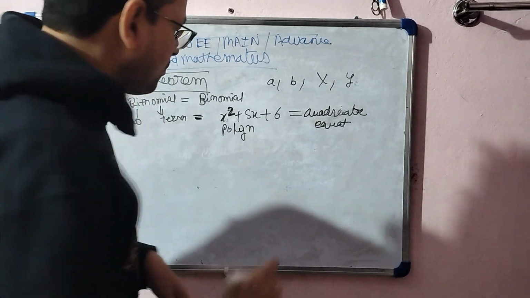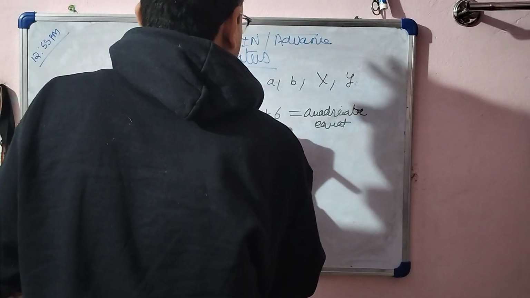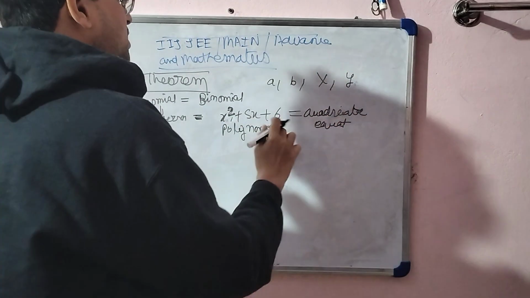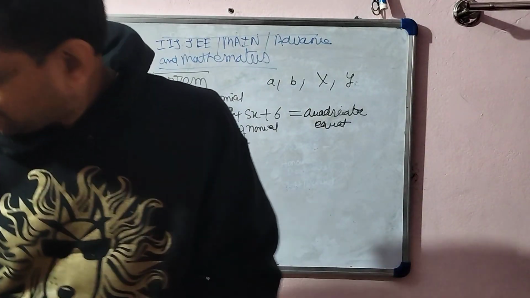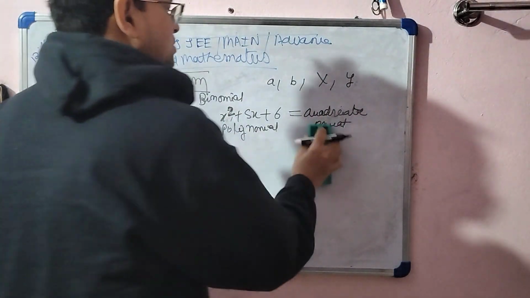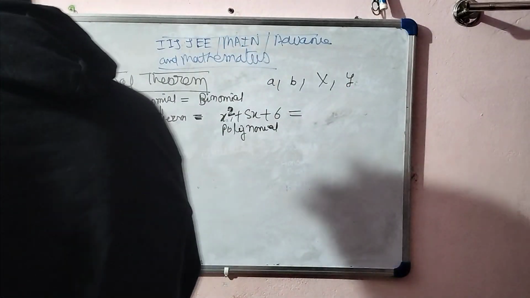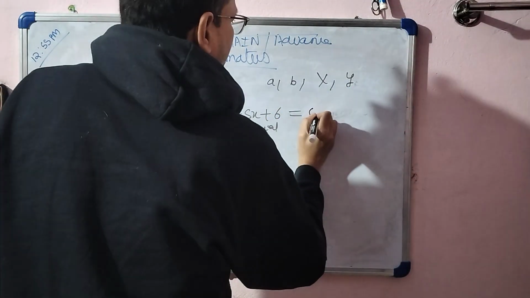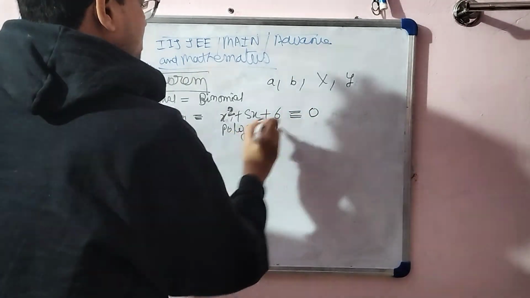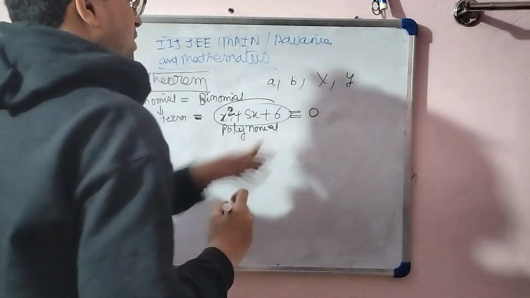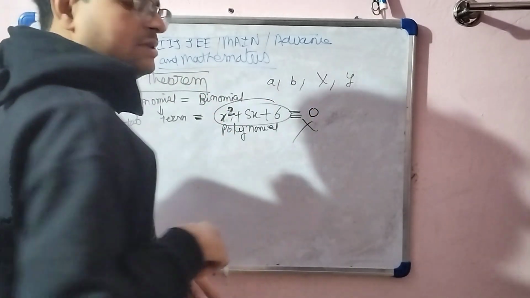When it is an equation like x square plus 5x equal to 0, this is called an equation, but it is only a polynomial if there is a missing term.